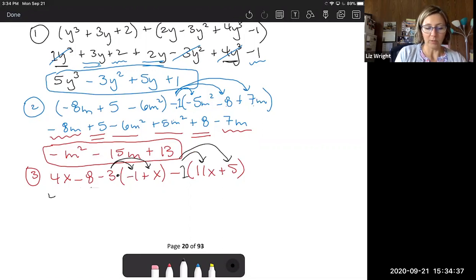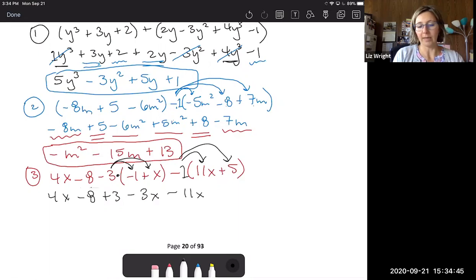So then we're going to have 4x minus 8 plus a 3 minus a 3x minus an 11x minus a 5. So now at this point we need to combine like terms. So we've got 4x minus 3x minus an 11x.